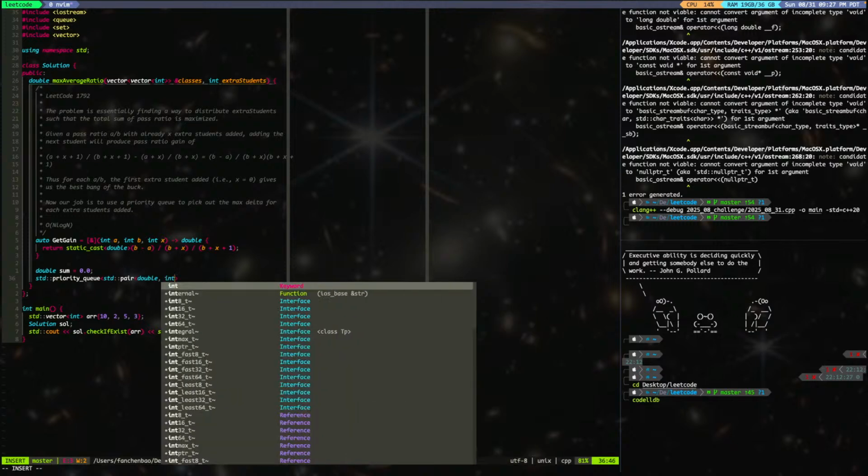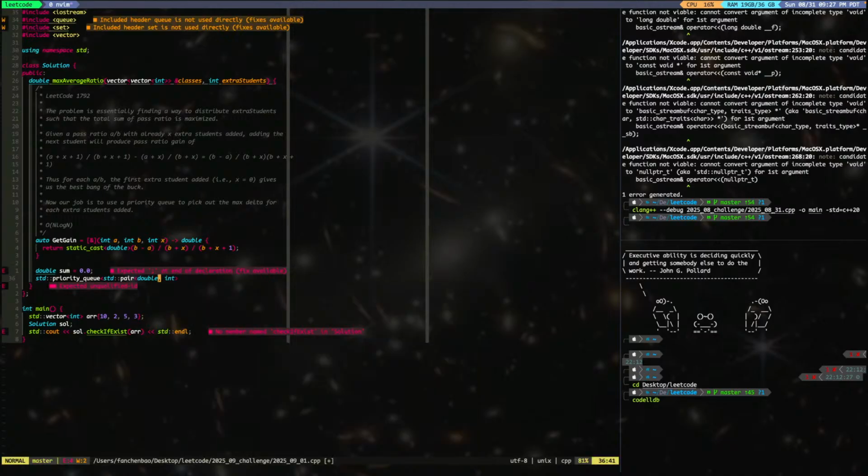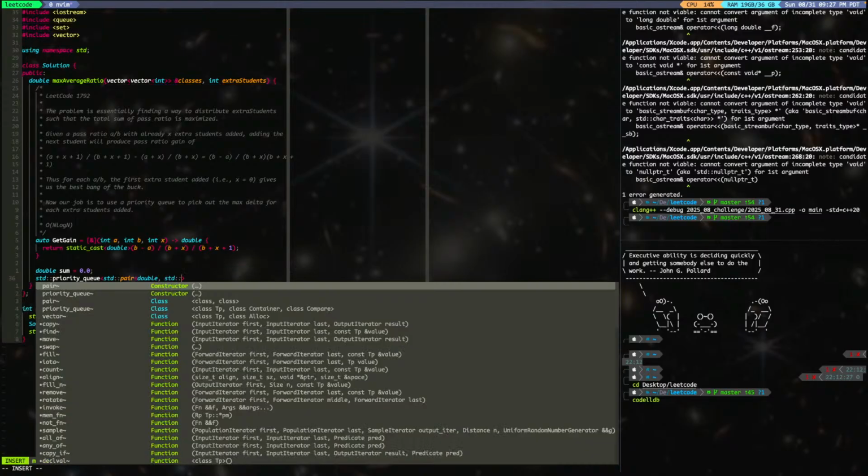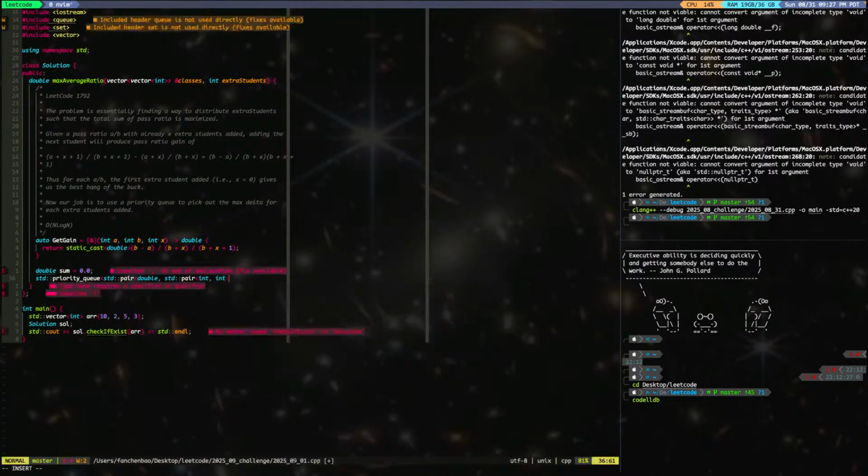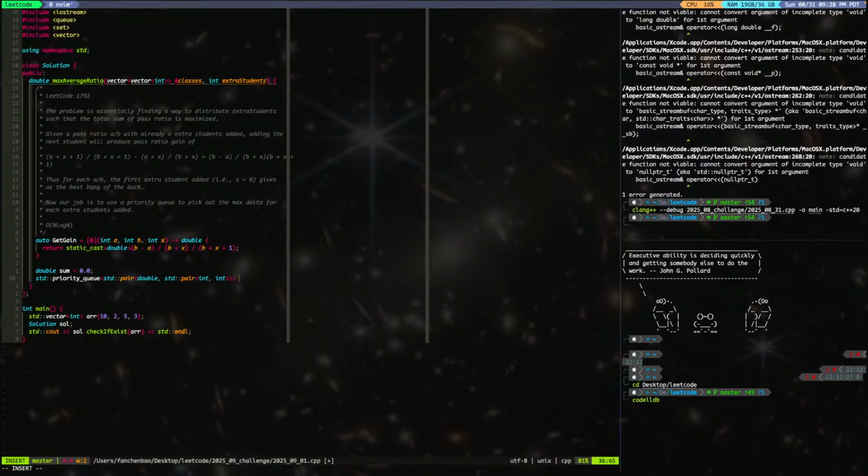And we also need another thing. Okay, let's not do this. Let's do this: std pair of int and int. PQ. All right, so the element is going to be the gain, index, and current X, index and X.